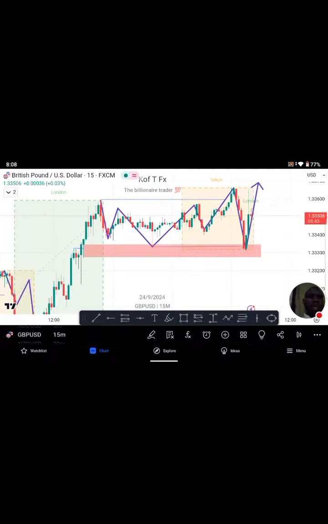On GBPUSD as well, I don't have a trading setup. I don't have a trading opportunity. I'm not going to consider this to be my trading opportunity, to be my setup.